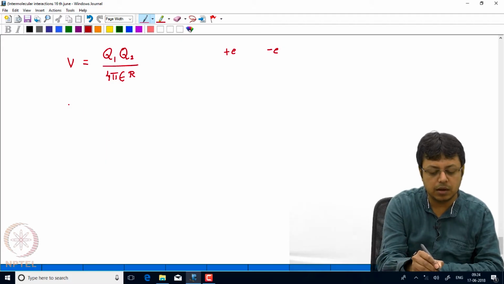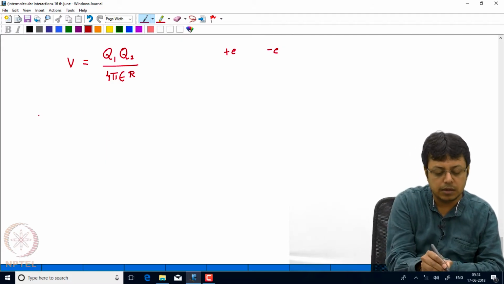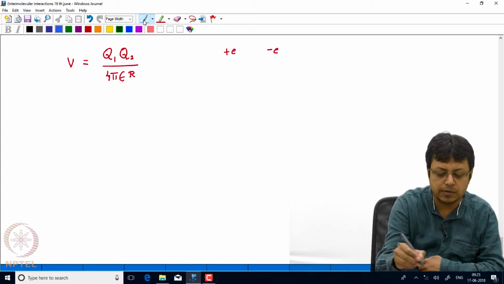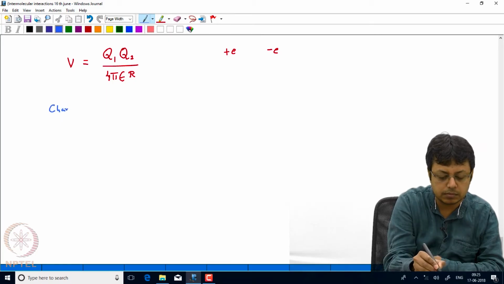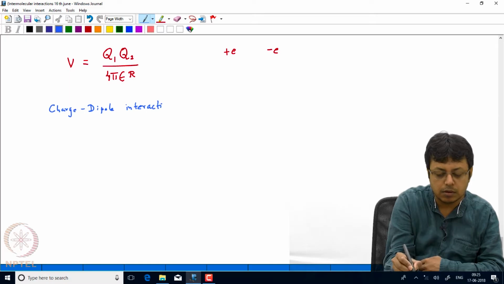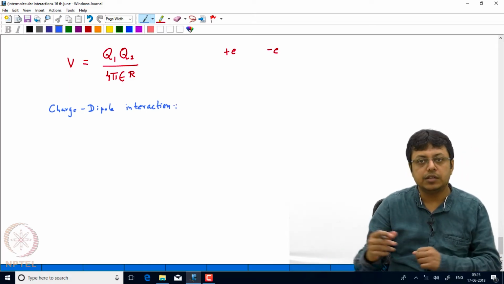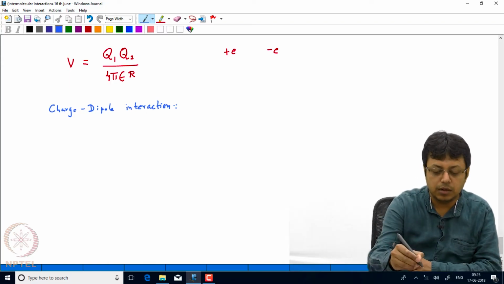That tells you the interaction potential is negative, but the system is a bound system. Similarly, now we can talk about the ion-dipole interaction, or more specifically a charge-dipole interaction. It will depend on the orientation at which the charge is located with respect to the dipole.